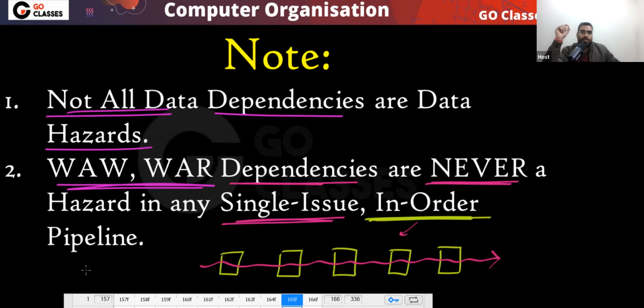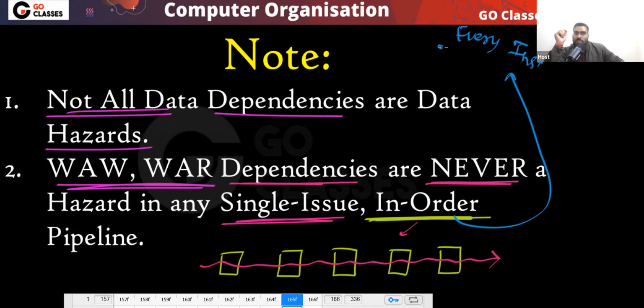You cannot skip the stage. Skipping the stage is not allowed. So finally, in-order means every instruction goes through all the stages.